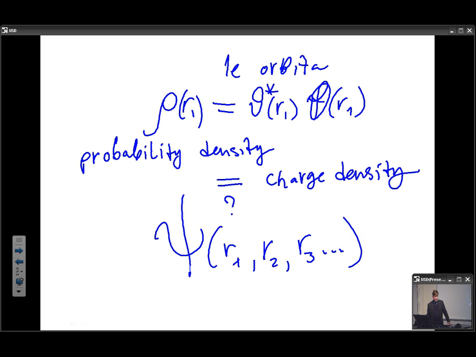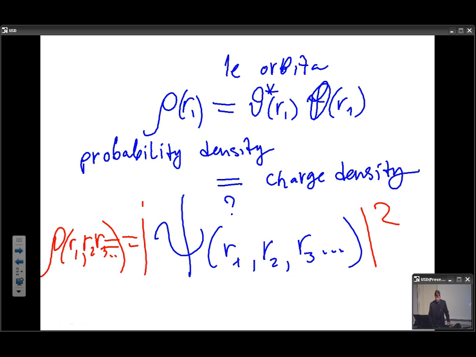Yes, we need to take the absolute value squared first, right? Then it will be multi-electron density. And if you want to make it depend only on one variable, only on one electron, then we need to integrate over the rest of the variables, right? No objections?